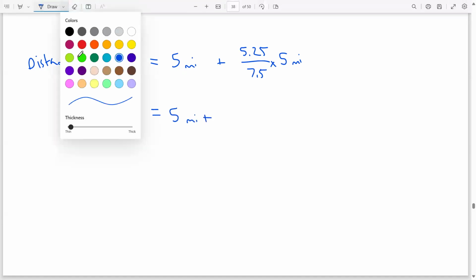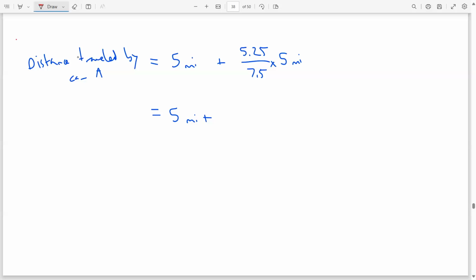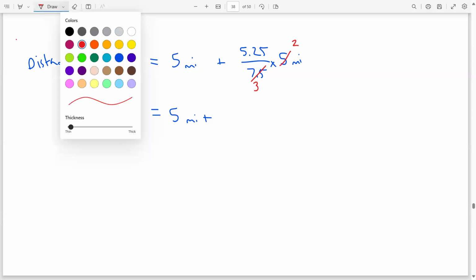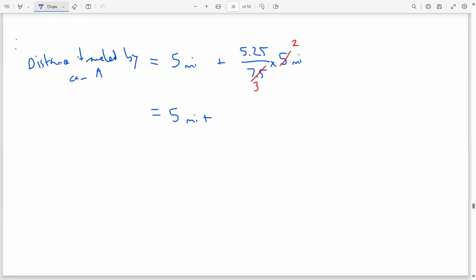So we can cancel the 5 and the 7.5. This becomes 2 and 3. So we get 10.5 over 3. And this simplifies to 5 plus 3.5, which is 8.5 miles.